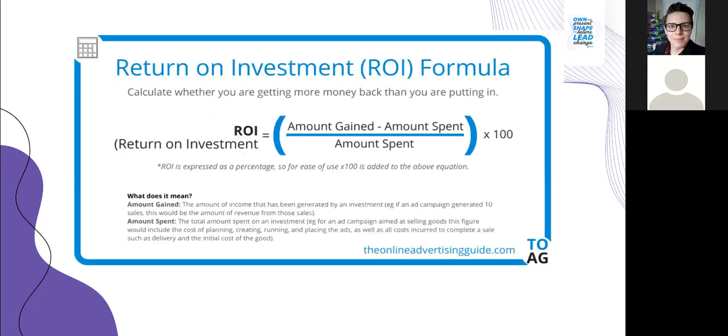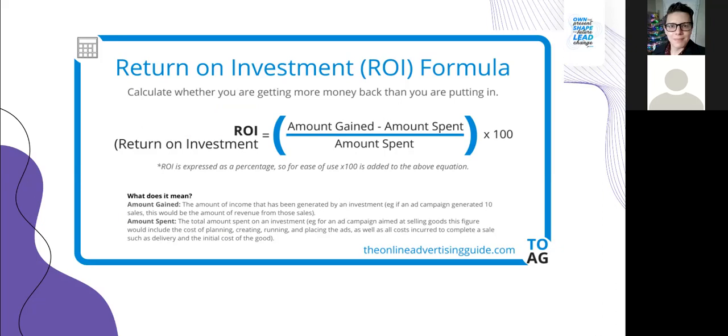So just to have a context or a recap of what ROI, or return on investment, is: it is calculating whether you are getting more money back than the amount that you are putting in. So if you are placing $1, how much are you getting back? Is it $2, $3, or are you losing money?